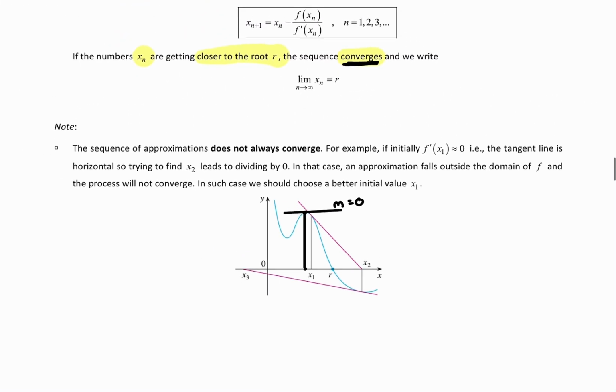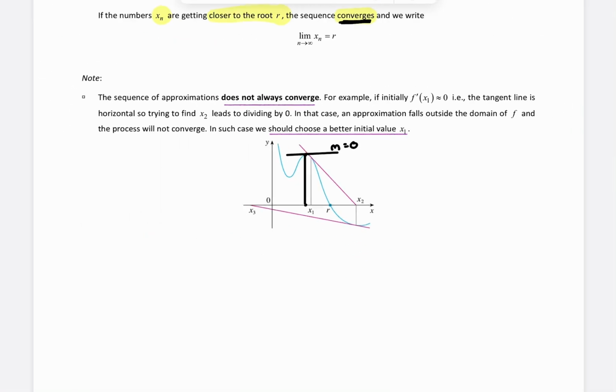And when that happens, I just pick a different x. So if it doesn't converge, then try a different x to start. And the graph can often help with that.